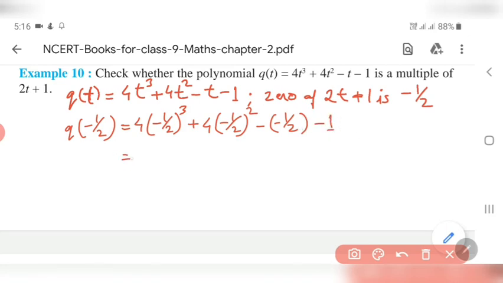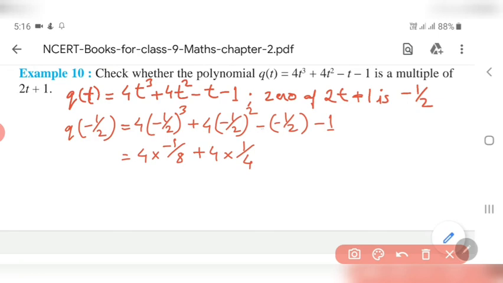Then you solve. 4 into, see, −1 you multiply 3 times. How much will you get? You will get −1 itself. And 2 if you multiply 3 times, 2 2s are 4, 4 2s are 8, you will get 8. Correct? Then plus 4 into (−1)², which is 1, over 2 2s are 4.